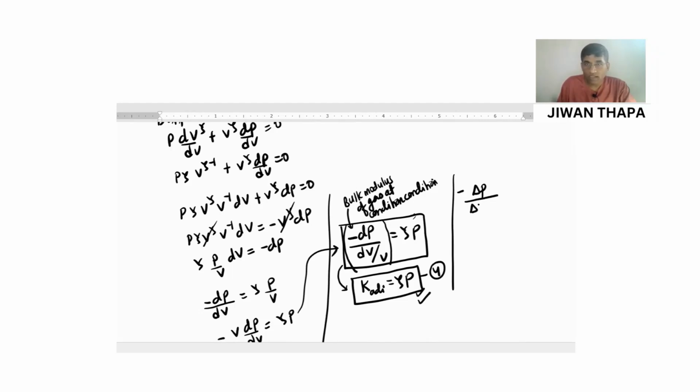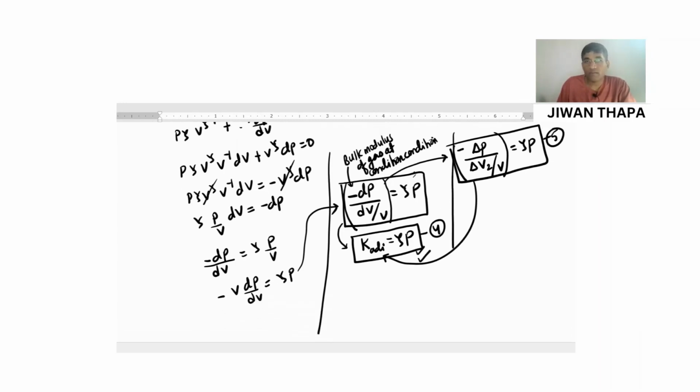We have the volume of gas V at pressure P. So this equation can be rewritten with reference to the question, and this is the bulk modulus for gas at adiabatic condition, which equals gamma times P. Let's call it equation 5.